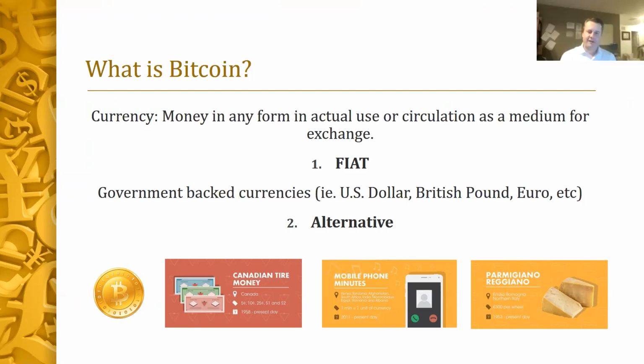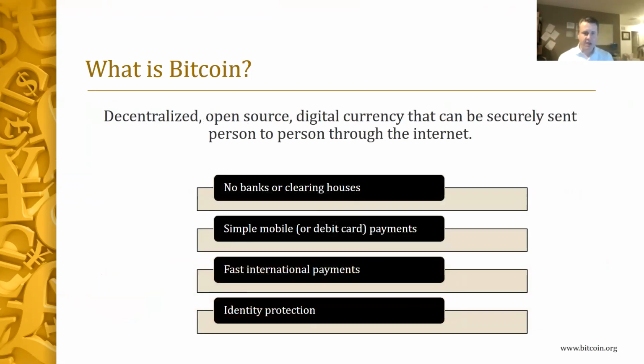Mobile minutes: I have friends in Kenya who will use mobile minutes as payments for services. And the most interesting one that I had found was in Italy, they'll still use Parmesan cheese as a currency. So alternative currencies are in use all over the world. Bitcoin is really nothing extremely new when it comes to that. But as we get further into it, we start to see what it really is, and more specifically, it's a decentralized, open source digital currency that can be sent securely, person to person, over the internet.